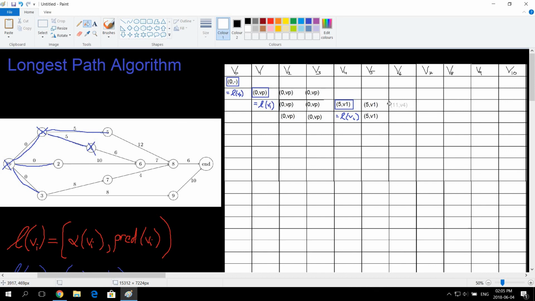So I'm leaving a place in the event that we can actually start writing V6 as a permanent label and not a temporary label, then I have a place to do it.